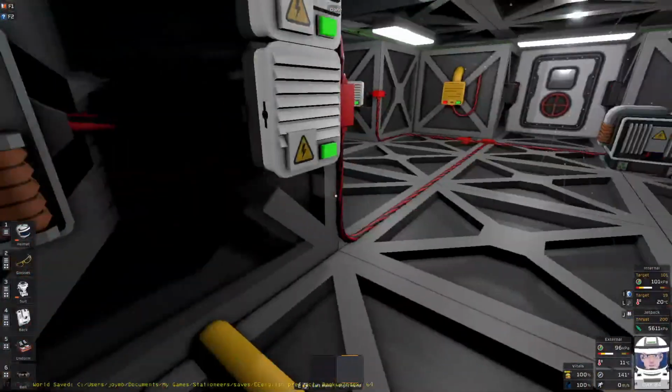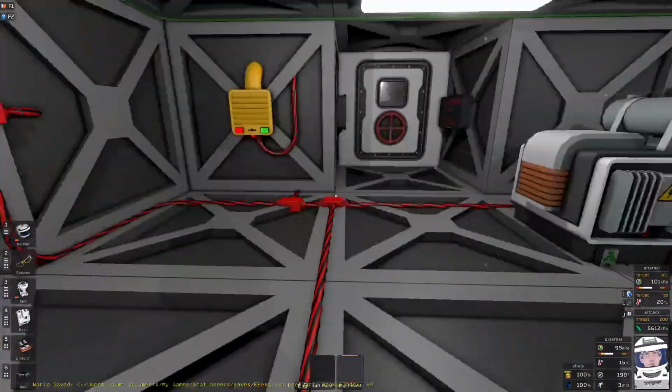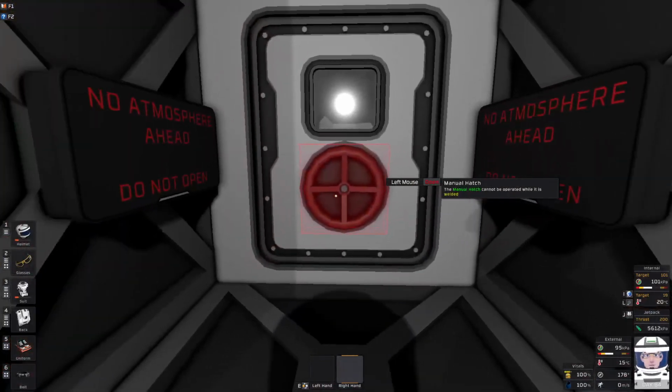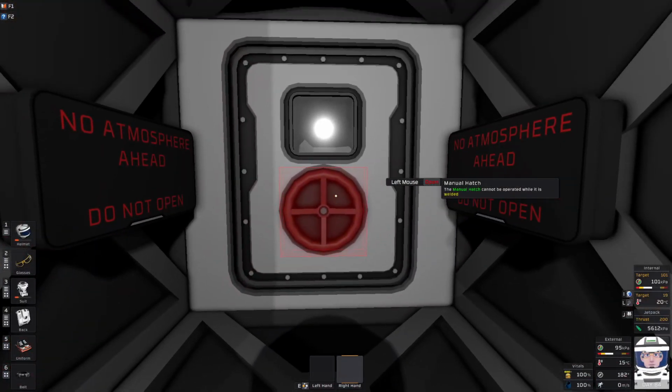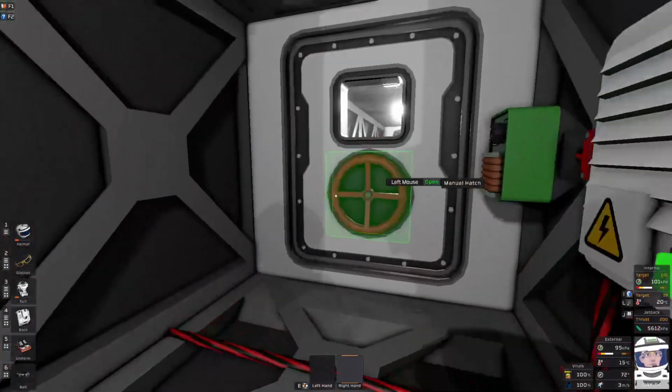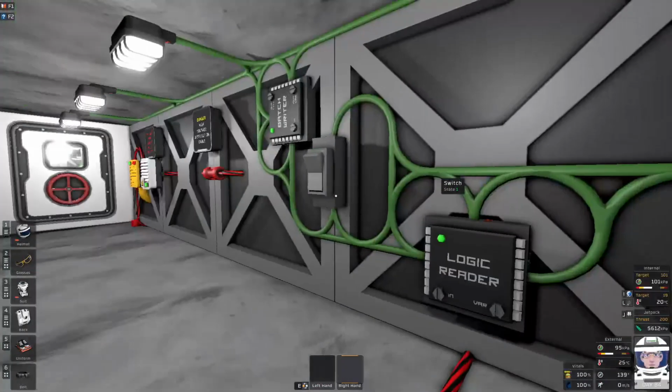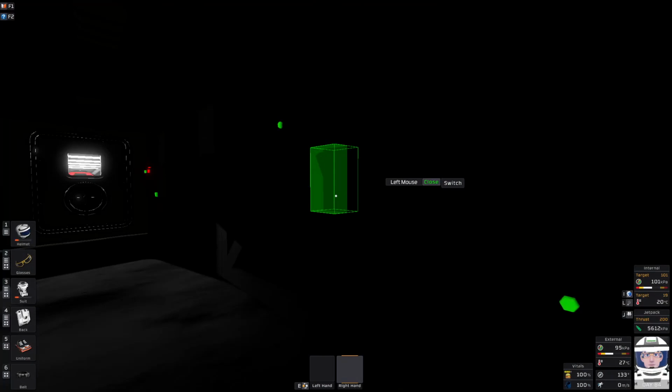So, this is the main power distribution nexus substation. This door has no pressure behind it. There's no atmosphere, so it's welded shut. So through here is a hallway with a light switch.